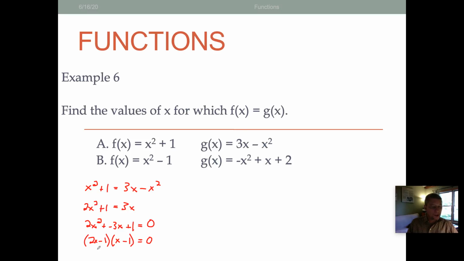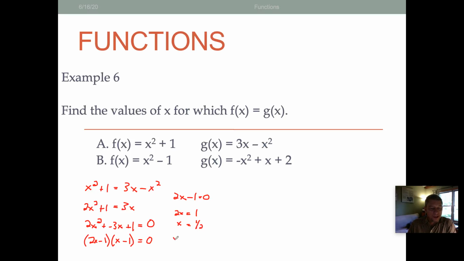All right, and so in this case, now I can say 2x minus 1 equals 0. So 2x equals 1, or x equals 1/2.